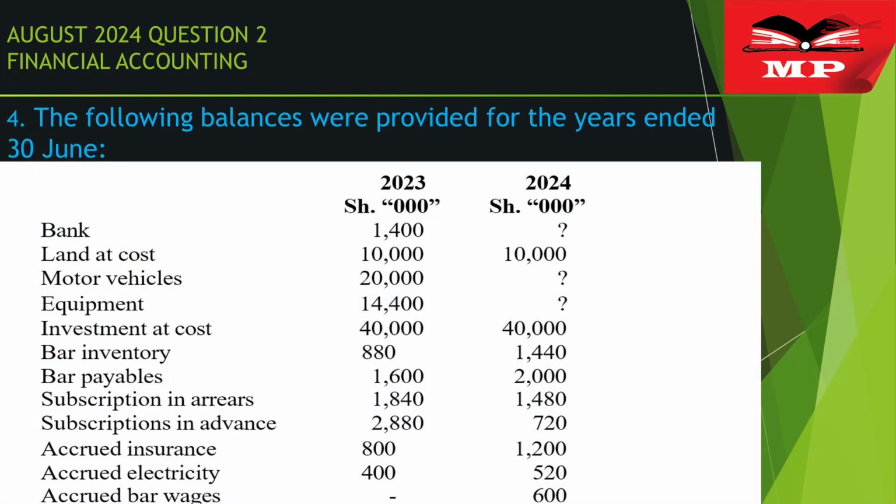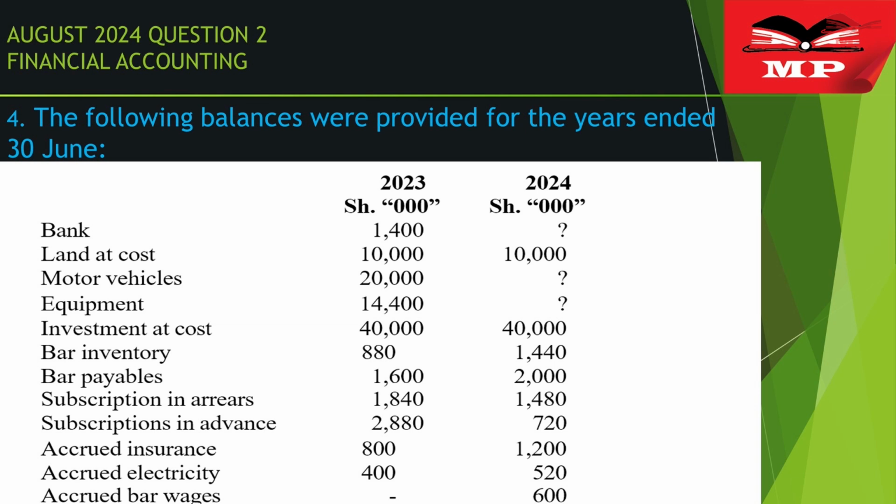Look at additional information number 4. Do you have any balances on subscriptions? Yes. Look at the 4th last item. We have the subscriptions in advance and subscriptions in arrears. Do you see that? So that will require a working. Subscriptions account.